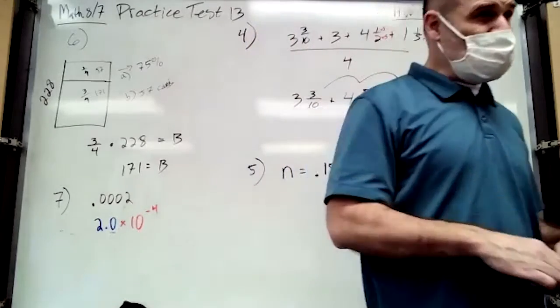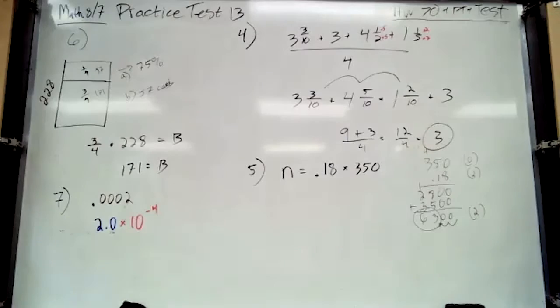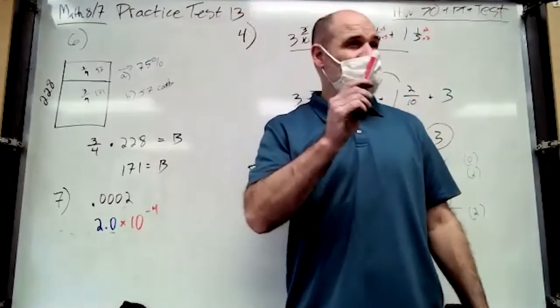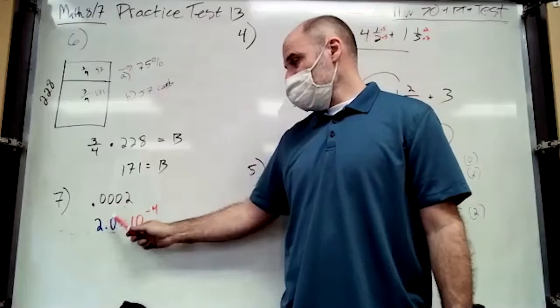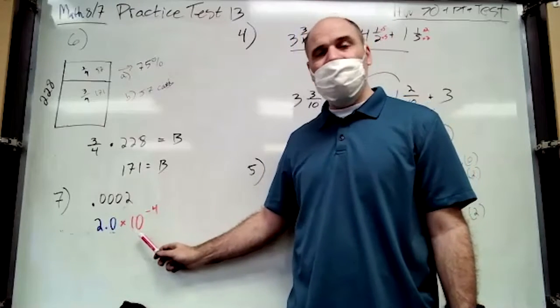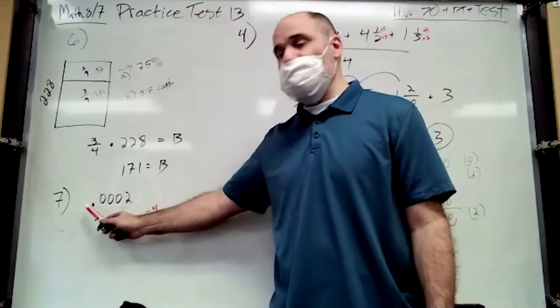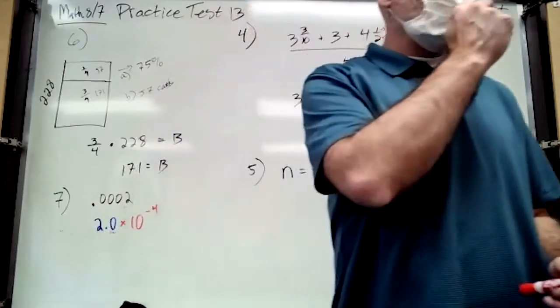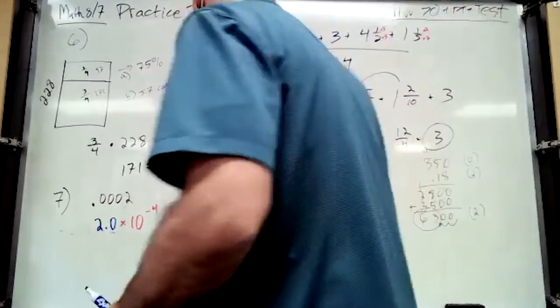So this is you thinking backwards. Okay. So the easiest way I can explain it to you is in 2 steps. Put the decimal after the first non-zero digit, and then multiply by a power of 10 that will return that decimal to where it belongs. Okay. Can you guys handle that? Yeah. All right.